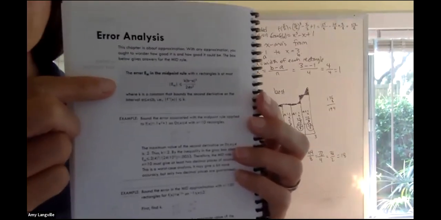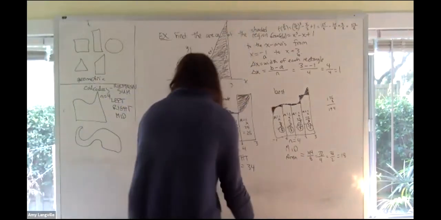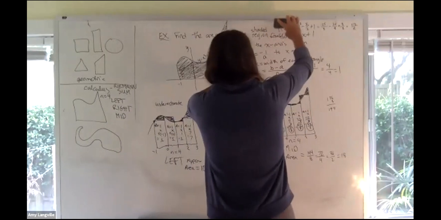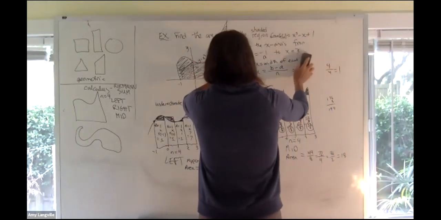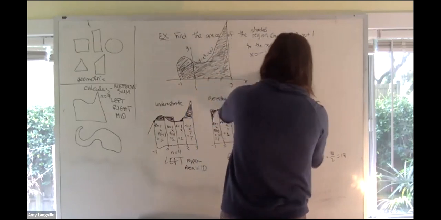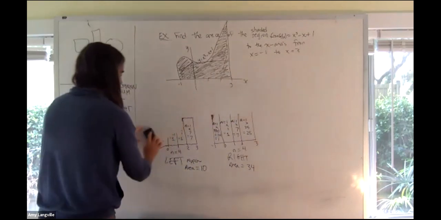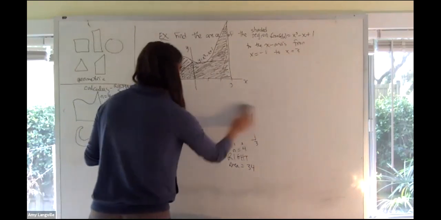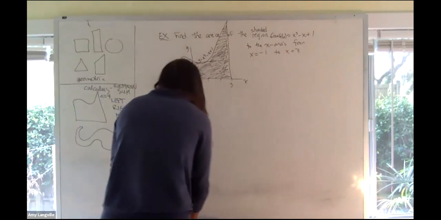And we're going to look at what's in the box here, and we're going to apply that to our particular problem. So we have the same function, same region. I'm not going to draw pictures with like 400 rectangles. That would be crazy. But we are going to see if we can bound the error.